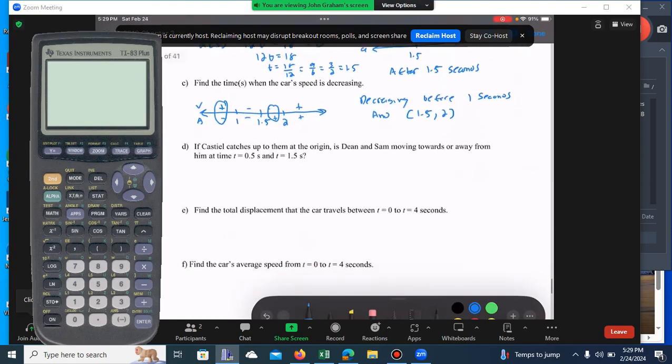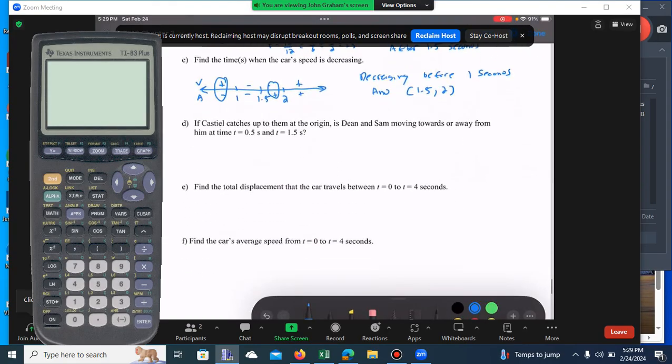Next one is someone is going to try to catch up to them at the origin. Are they moving away or towards the origin at time 0.5 seconds and 1.5 seconds? Now, I'm going to go a little bit more into this one. I'm going to look at the position, P for position, but use s of t and time.